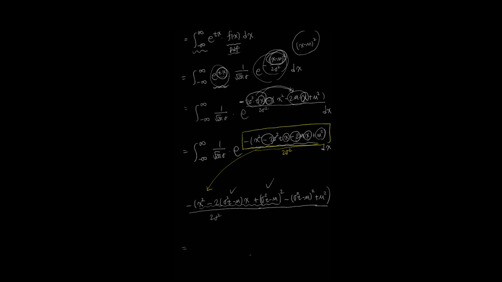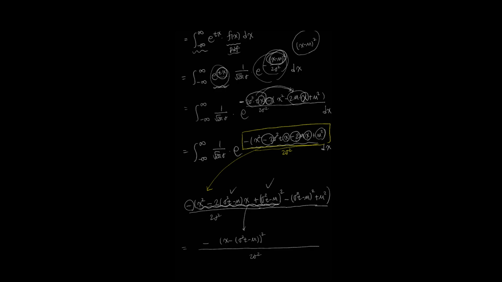It's going to be 2 times sigma squared, and this part is going to be a perfect square form. So x minus sigma squared t minus mu, and it's squared, right? This part is going to be like this, and we put minus here.